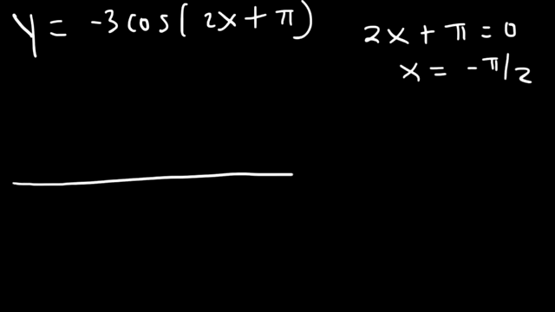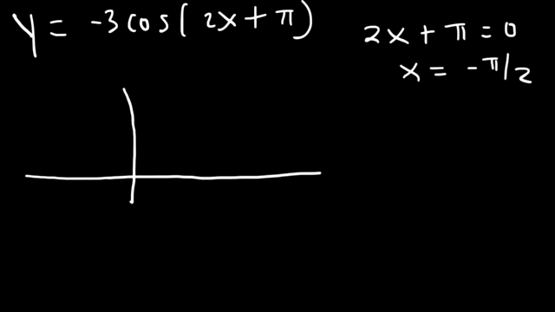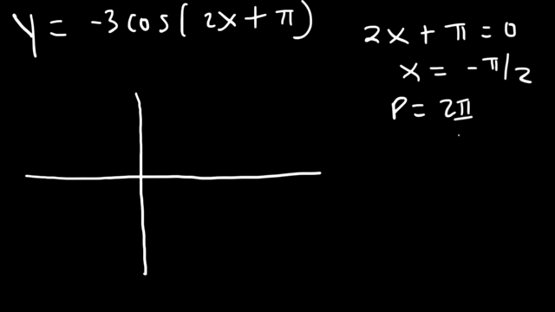The amplitude is going to be 3. As you can see, my lines are just never straight. Now what about the period? The period is going to be 2 pi over b, and b, we can see, is 2.